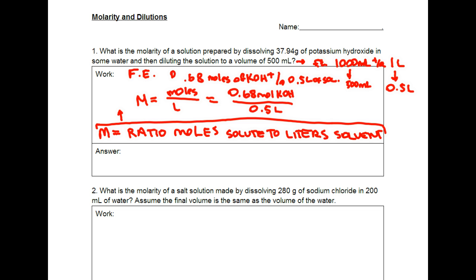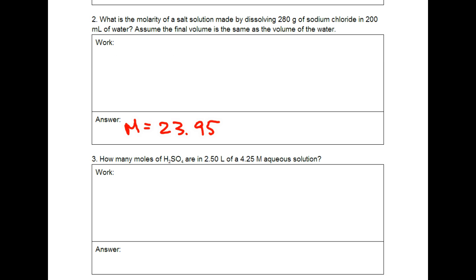So the molarity is equal to 1.36. For number 2, it's the same thing as number 1, so I just have the answer written up. Number 3, however, is a little bit different.